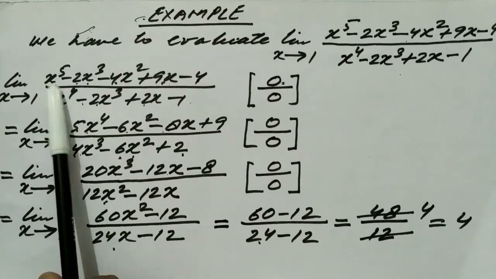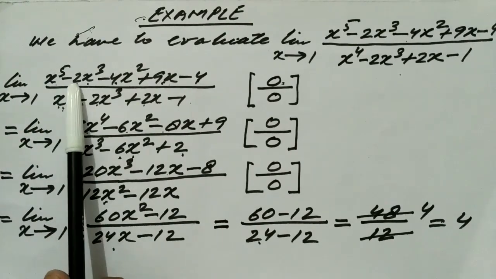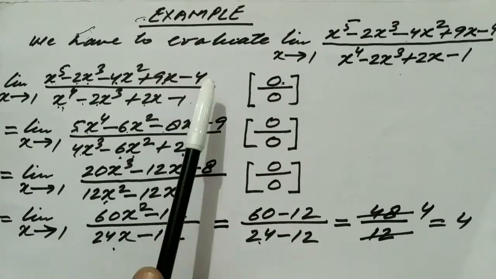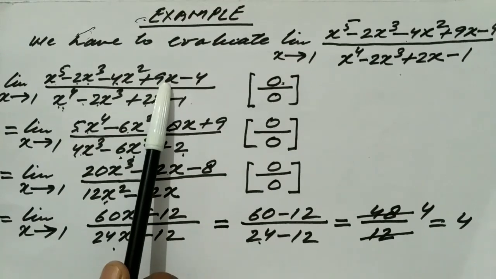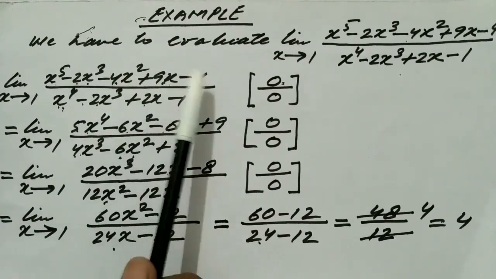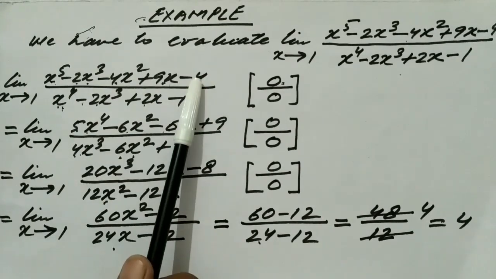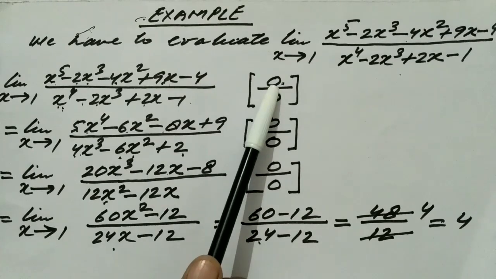If we substitute x is equal to 1 in the numerator, we have 1 minus 2 minus 4 plus 9 minus 4. That means two positive numbers 1 and 9, that is 10, and three negatives, minus 2 minus 4 minus 4, that is minus 10. So plus 10 and minus 10 is 0.